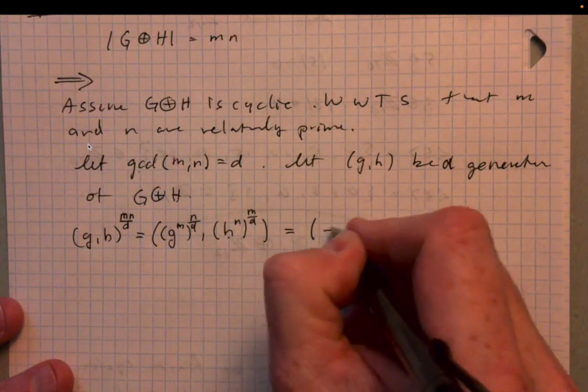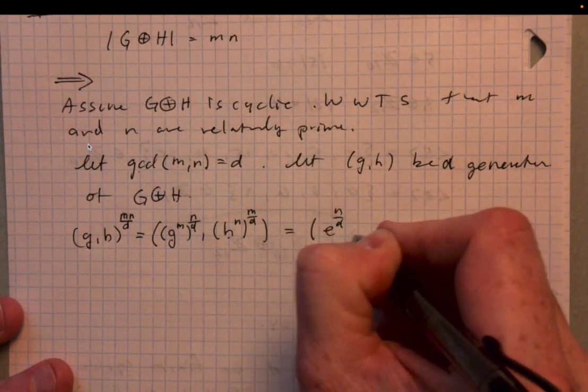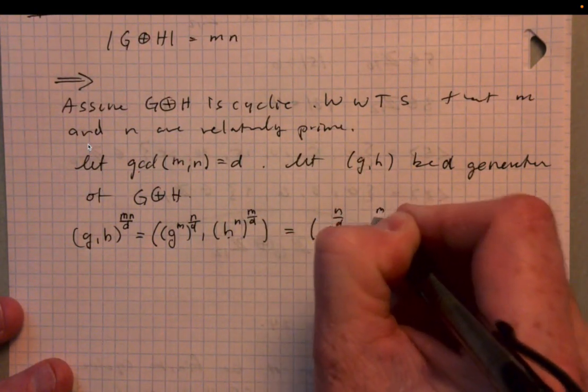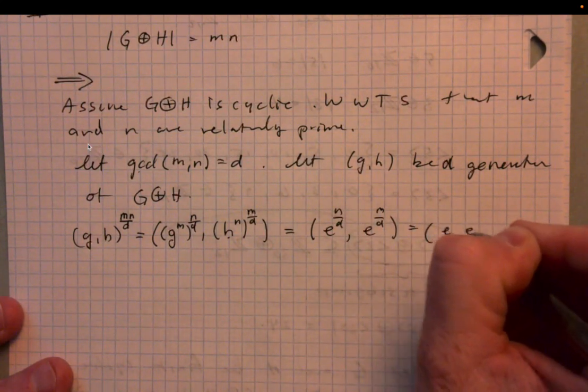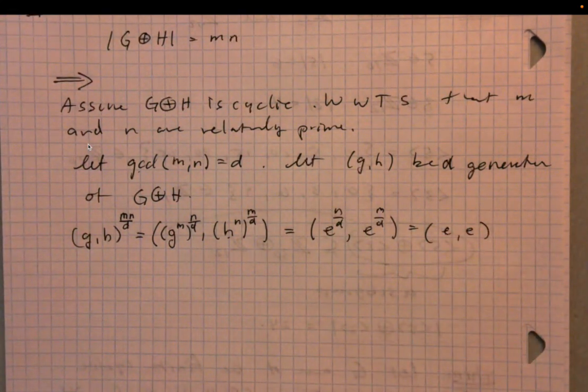So this is e to the N over D, and then e to the M over D, which of course the power doesn't make any difference now, so it's e. So it's the identity element in the external direct product. Okay, and so what does that mean?